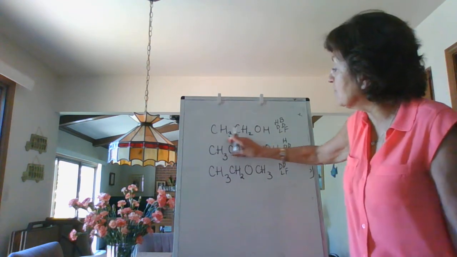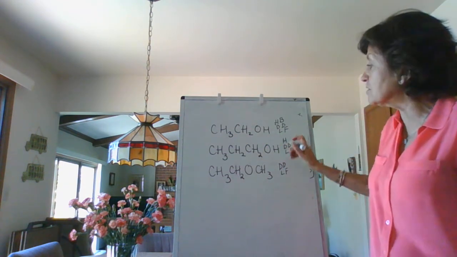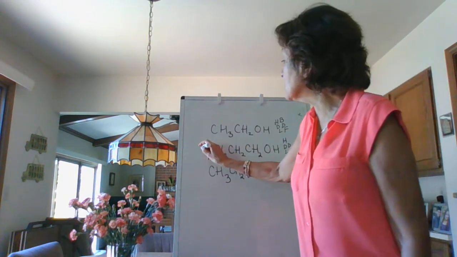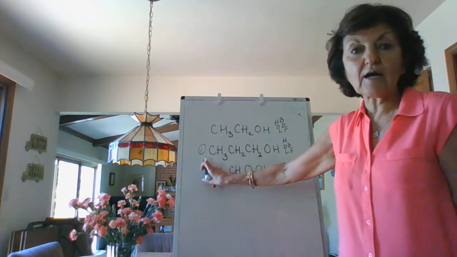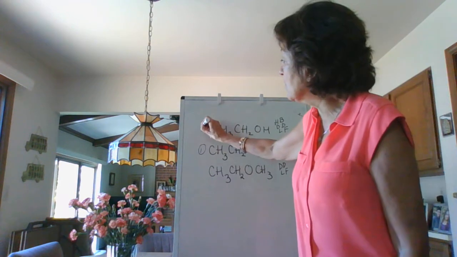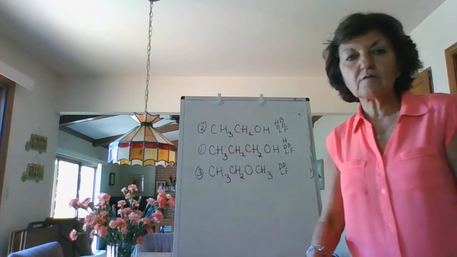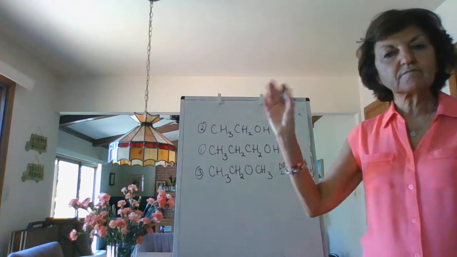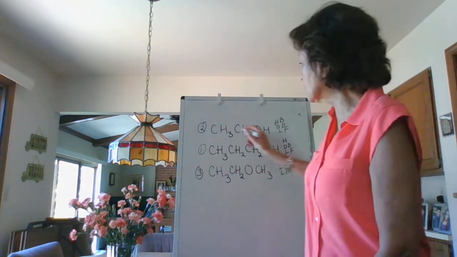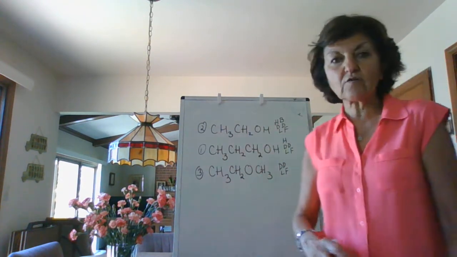So this is going to have the most intermolecular forces. We write this as number 1, the highest boiling point. Then this is second, and this is third. Or we can write it as this greater than this, and this greater than that.